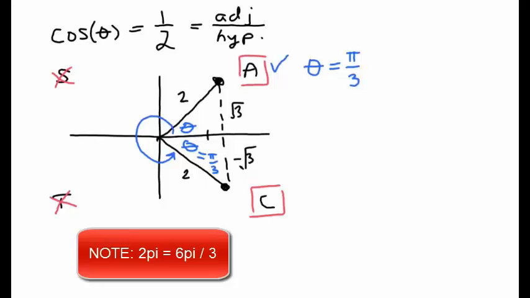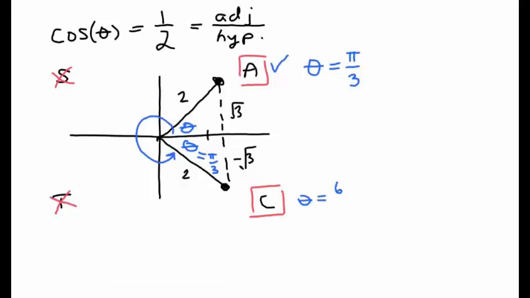Well, a full rotation would be 6 pi by 3s, so this angle that we require down here must be 6 pi by 3 minus 1 pi by 3. And that's equal to 5 pi by 3. So on the interval from 0 to 2 pi, we have two solutions. The first one is pi by 3, and the second one is 5 pi by 3.